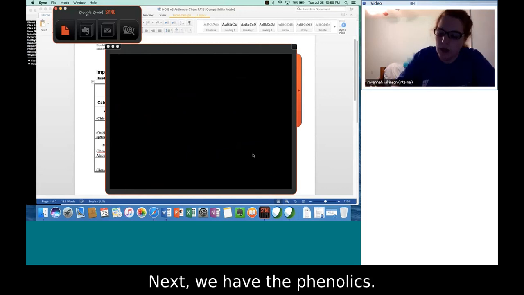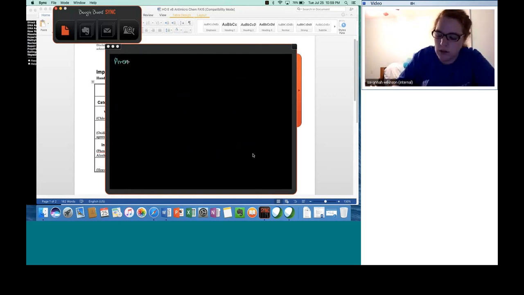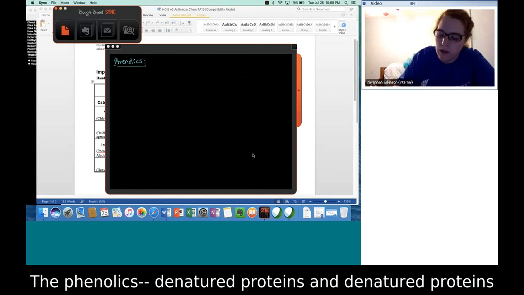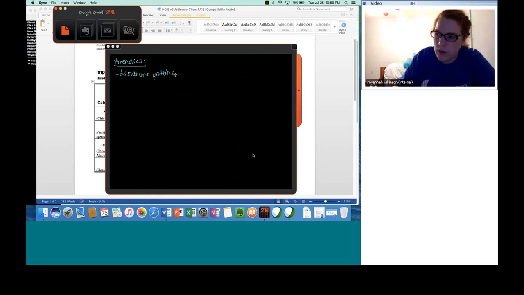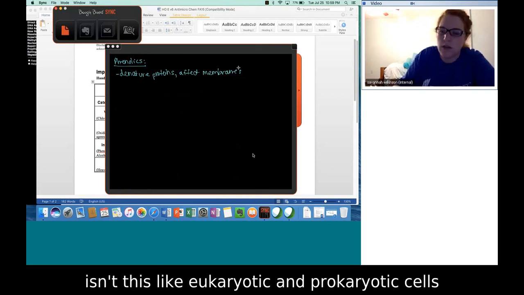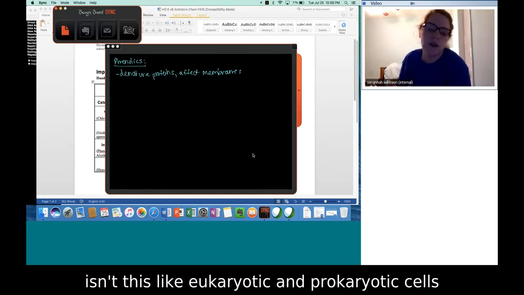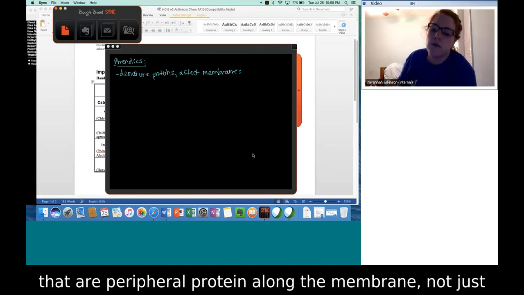Next, we have the phenolics. These phenolics denature proteins, and if you denature proteins, that will affect the membrane, because in both eukaryotic and prokaryotic cells, there are peripheral proteins along the membrane, not just integral proteins.